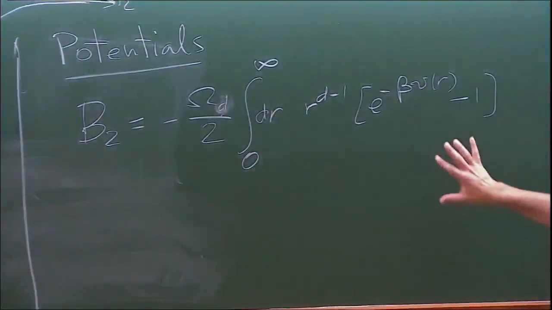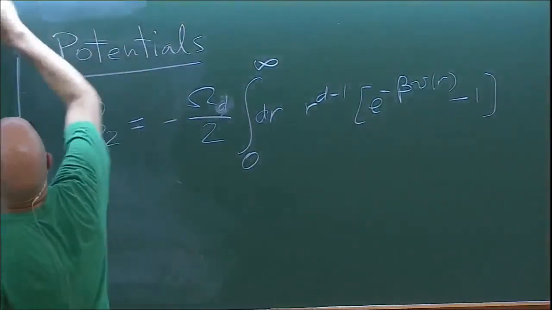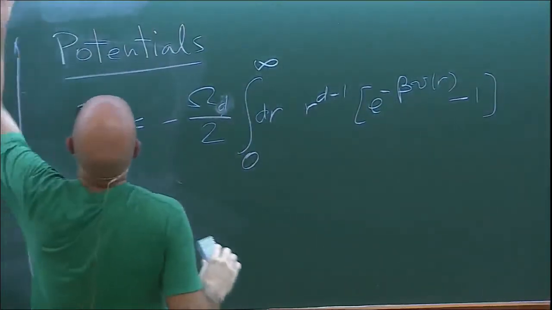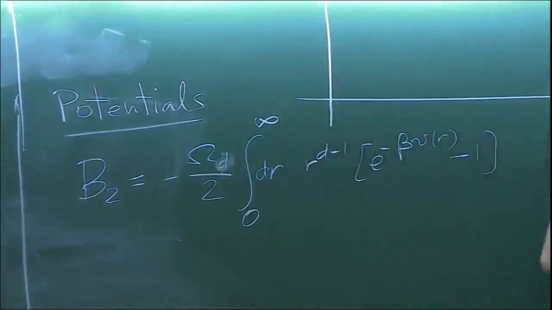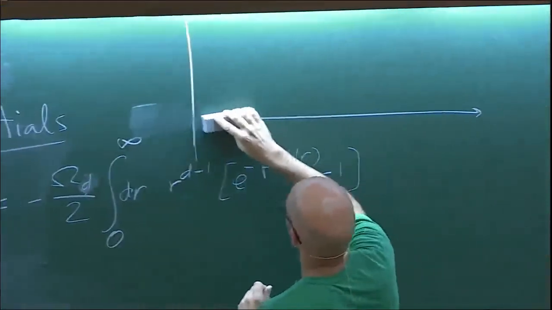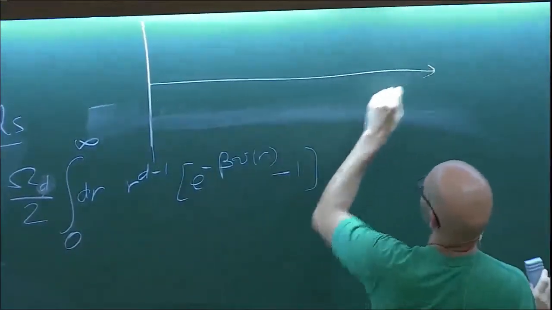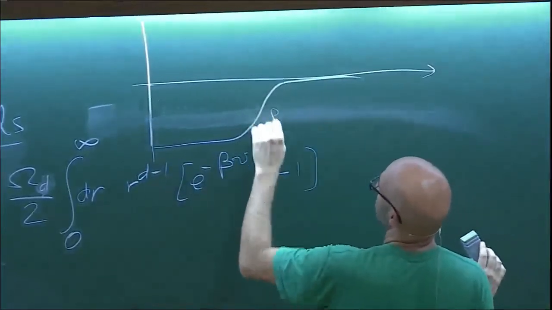Now, when you do this integral, let's do this drawing better. What you see is that the Mayer function is doing something like this. So this is f of r.